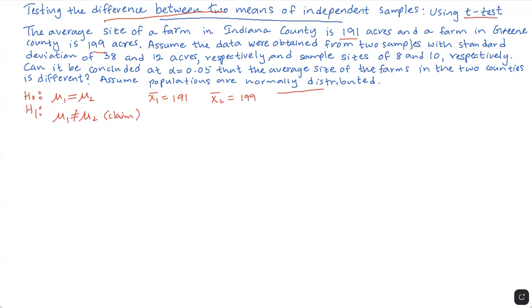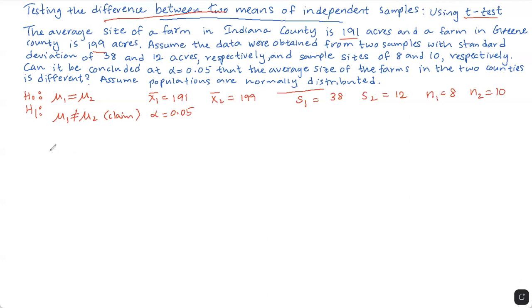And then the samples are from two populations, with sample standard deviations S1 equals 38 and S2 equals 12, and sample sizes N1 equals 8 and N2 equals 10. Alpha equals 0.05.